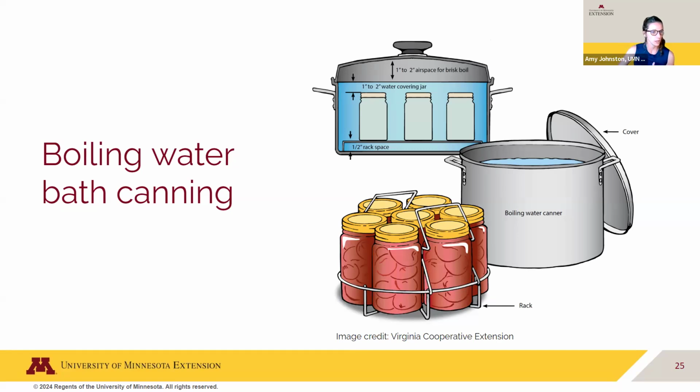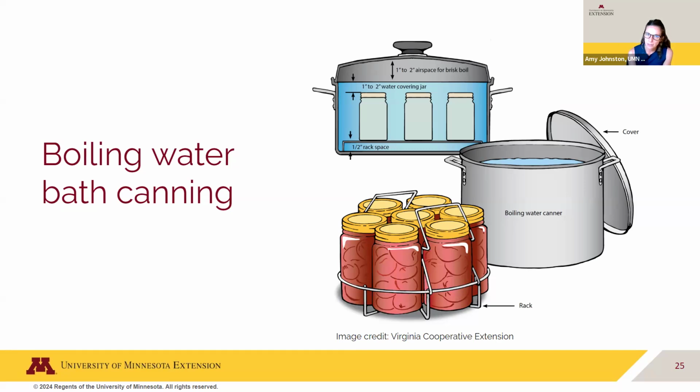So when using a boiling water canner, that processing time starts when the water is boiling. And then the processing time is going to vary from product to product, depending on the type of the food, the size of the food pieces, if there's the peel or the skin, the amount of liquid in the jar.